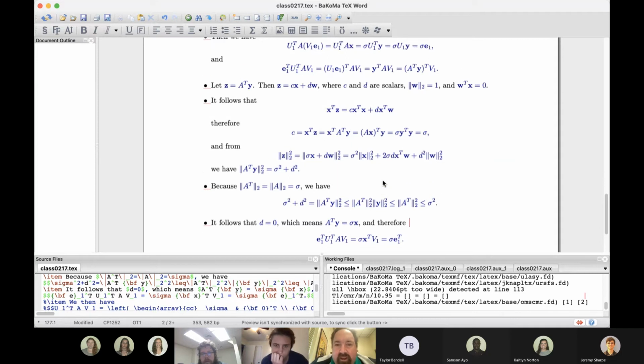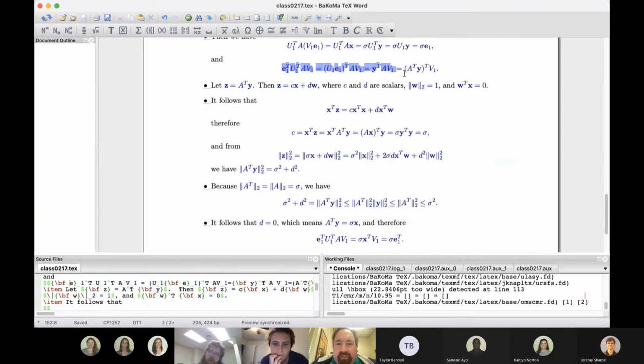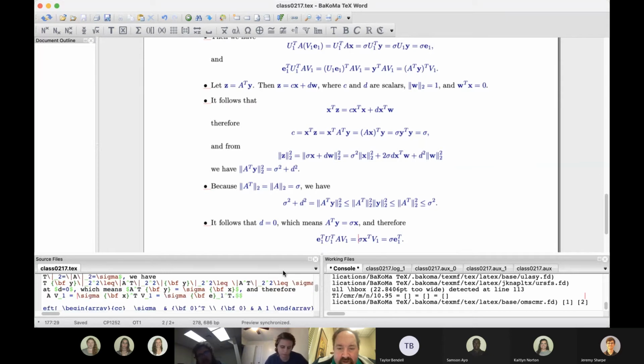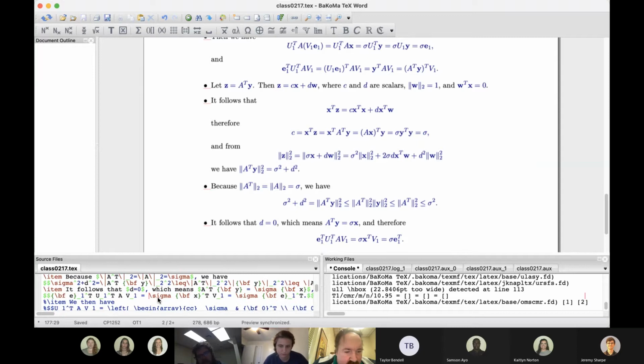Well, before I was working with this, and I'd gotten down to this point, A transpose Y transpose V1, but I didn't know what this was yet. But now I'm back down here. If I fill in the step that I had before, A transpose Y transpose V1, but A transpose Y is sigma X. So now I fill that in here.